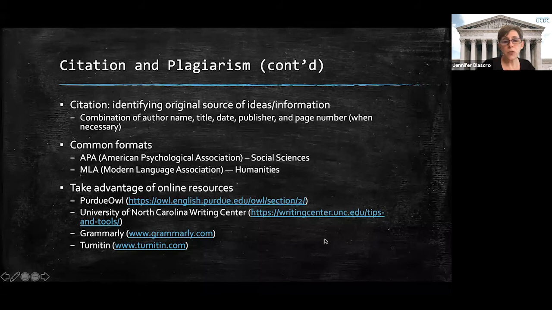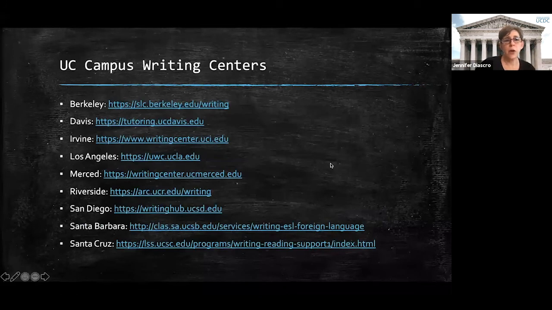Okay. So those are most of my slides. I guess I lied. I have one more slide and you can just take a look at this at your own convenience. But I did put together all of the links for the UC campus writing centers. And I want to be really clear that I looked at all of them and they all look like they're open and that they are assisting students in their writing wherever you are. And so even when students are present at UCDC in the center, we try to encourage them to use their writing centers as well.